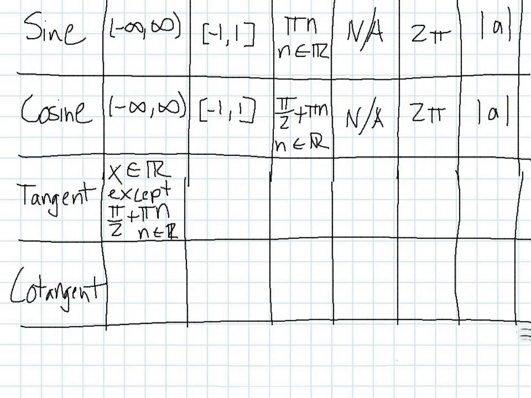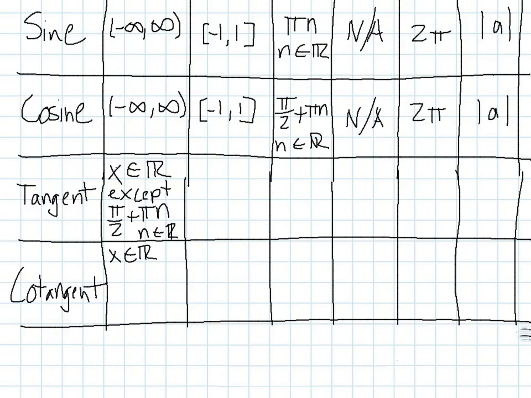So plugging in a number like 5 times pi plus pi over 2 on your graph, you will find an asymptote there, so we want to exclude those. Okay, cotangent is the same kind of thing, except the asymptotes don't happen on half pi's, they happen on whole pi's.